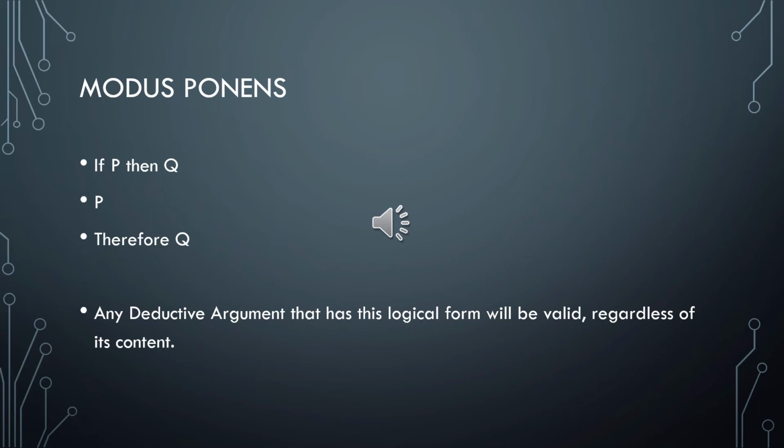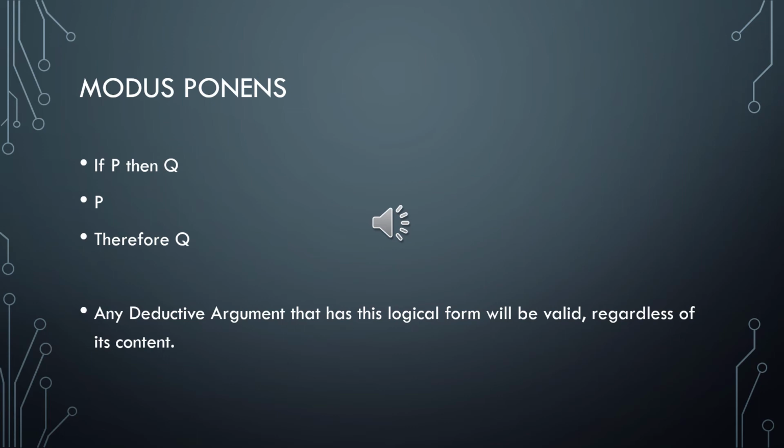This argument form is so important, and the following arguments that we're going to be looking at are so important, that they've acquired names. This form is called modus ponens, and the important thing to keep in mind is that any deductive argument that has the form of modus ponens will automatically be valid regardless of what it's about. So if you go back and look at the Lady Gaga example in the previous slide, you'll see that it has this form.